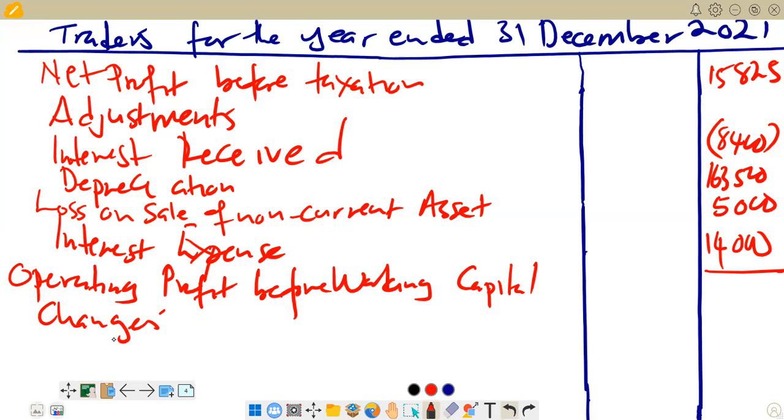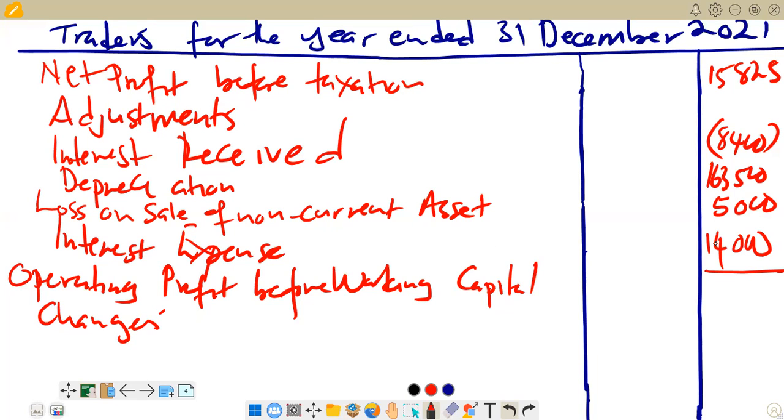So the working capital changes, we are going to see because working capital basically we are saying current assets minus current liabilities, that is working capital. That's how we calculate working capital. So when we say working capital changes, we are saying the elements of current assets and elements of current liabilities, we're going to adjust them there. Those are the working capital changes.